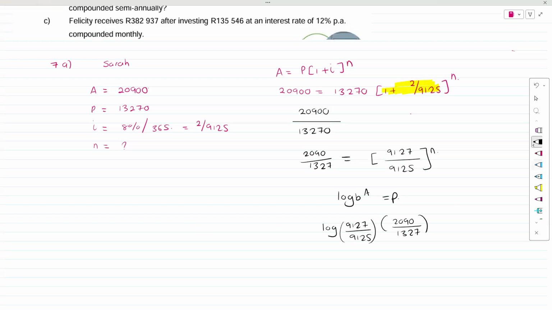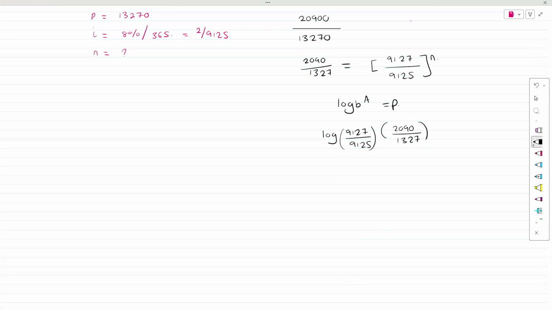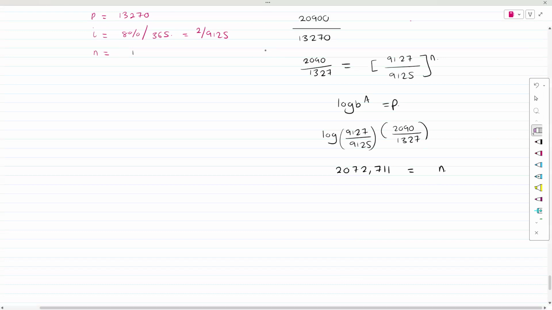Okay, cool. So this answer is 2072.71 some change, right? But the reason this is like this is because remember, n was n times 365.